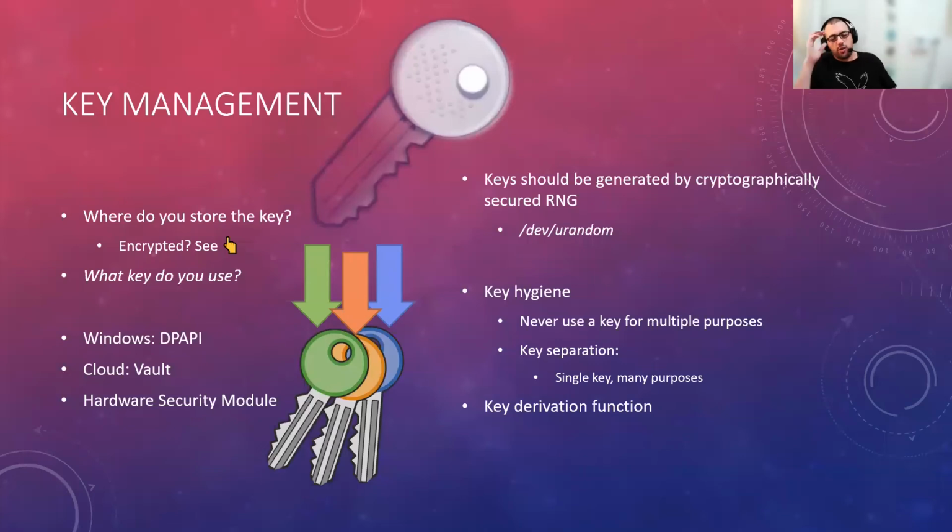Key management is one of the more complex things that you have to do. If you're working with Windows, there is something called the Data Protection API, DPAPI. And that relies on the Windows cryptography mechanism that allows you to encrypt the details using the user's own password.